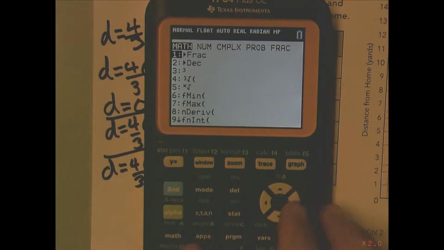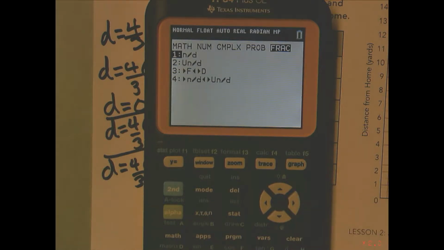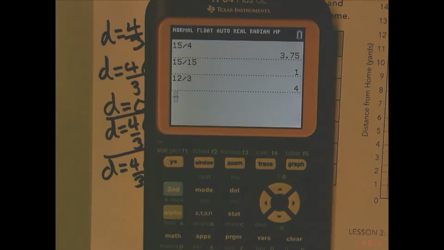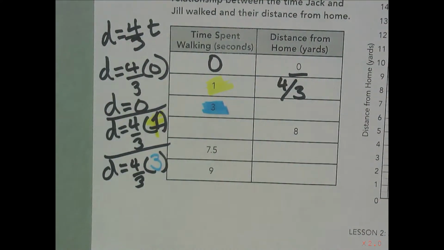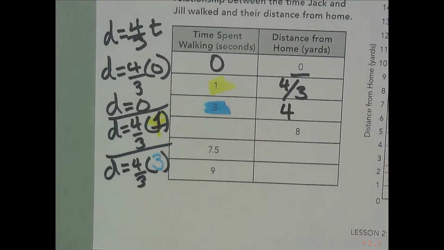See how it says fraction? I'm going to go all the way over until it says fraction, and then I have the numerator over the denominator, and I'm going to plug in 4 over 3, and then I'm going to say times 3. Hey, what does it equal? 4. So now I know that after 3 seconds I get 4.